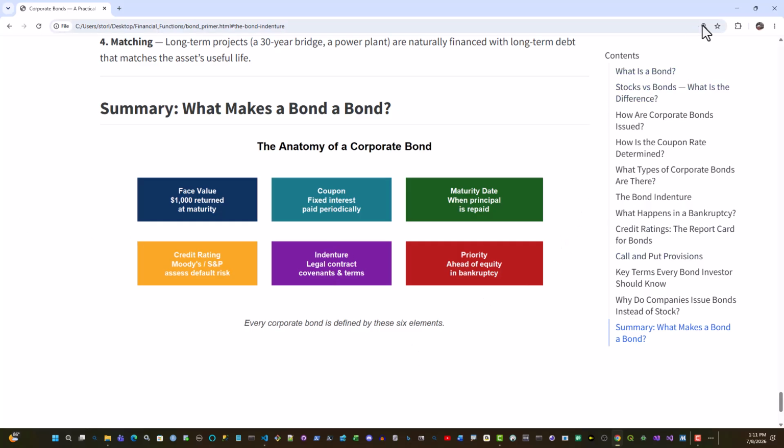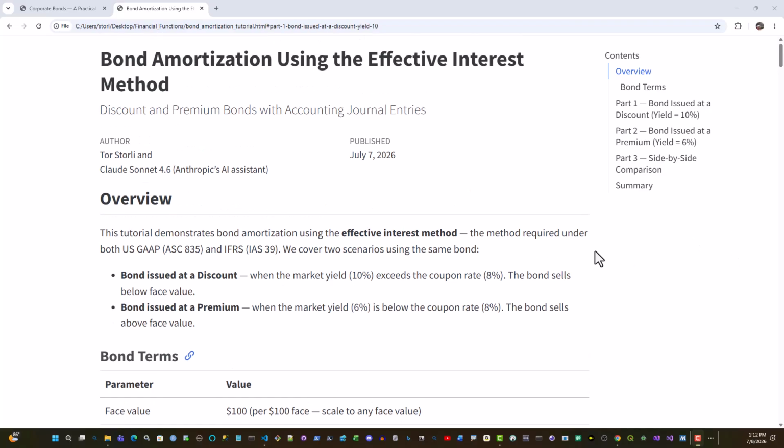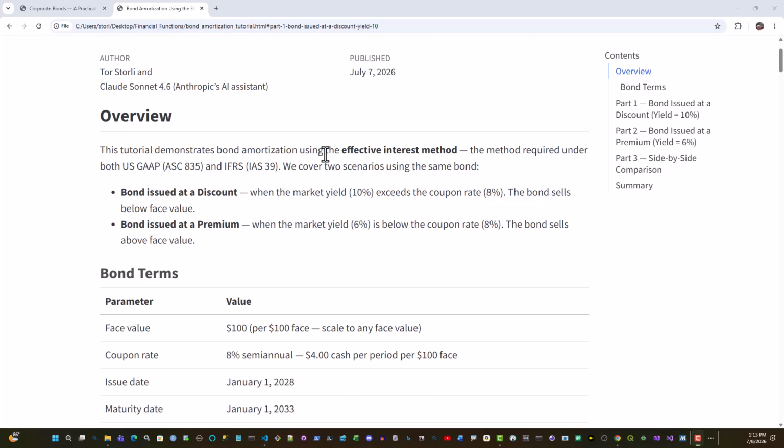The next thing we want to get into is something called bond amortization. As I told you before, this document is talking about bond amortization using the effective interest method. As you can see here, the effective interest method factors in the present value of the bonds in order to compute the interest that is paid, and it also calculates the discounted cash flows based on the yield.